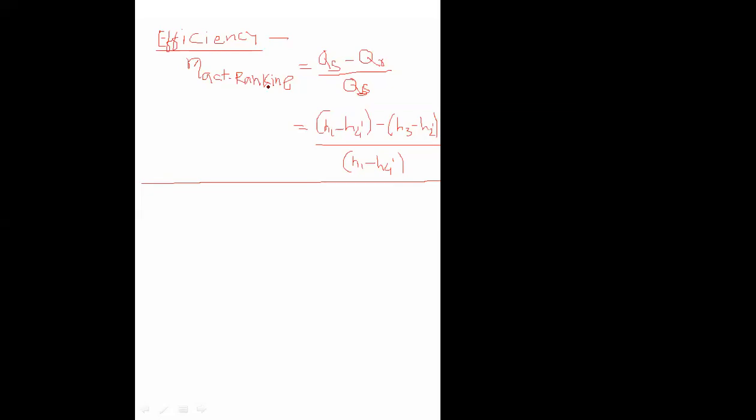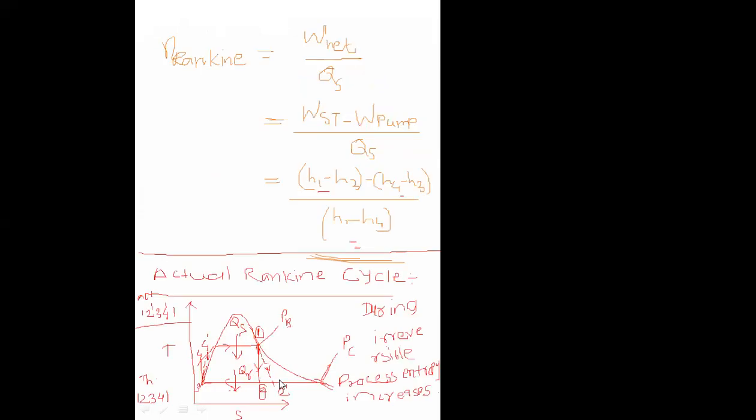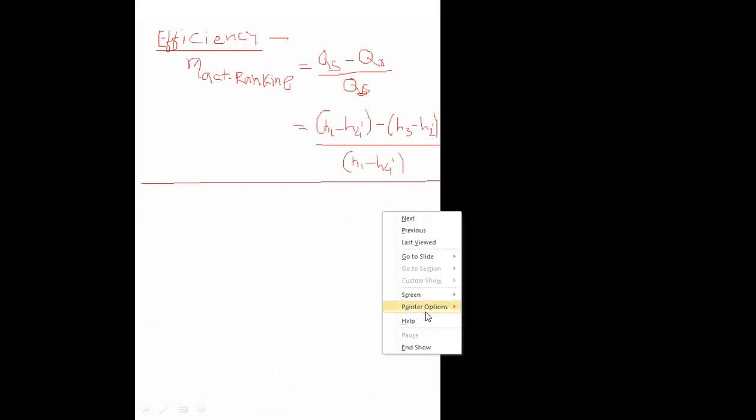Anybody of you have a doubt or difficulty in understanding? No problem. Only actual Rankine cycle points we have discussed. Shall I continue? So, H2 dash minus H3, no? Sorry. It is H2 dash minus H3. Okay, very good.